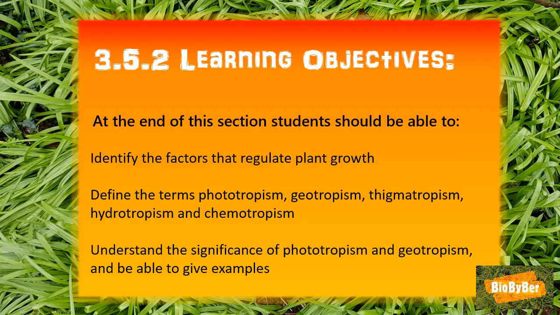Can you identify the factors that regulate plant growth? Can you define the terms Phototropism, Geotropism, Thigmatropism, Hydrotropism and Chemotropism? And do you understand the significance of Phototropism and Geotropism, and are you able to give examples?